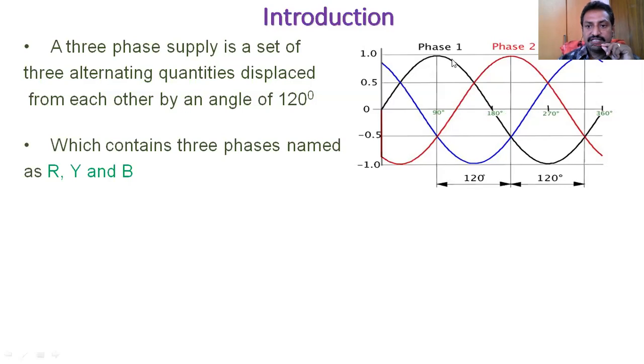So phase 1 is referred to as the R phase, phase 2 is referred to as the Y phase, and phase 3 is referred to as the B phase in the technical engineering scenario. So all the phases are displaced by 120 degrees, having three different alternating quantities.